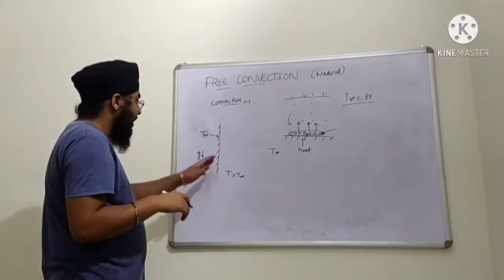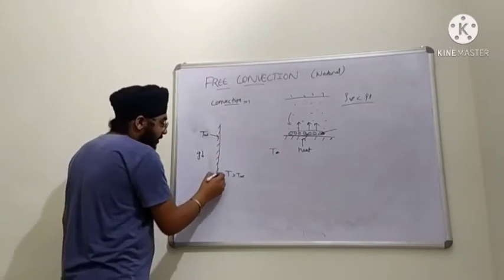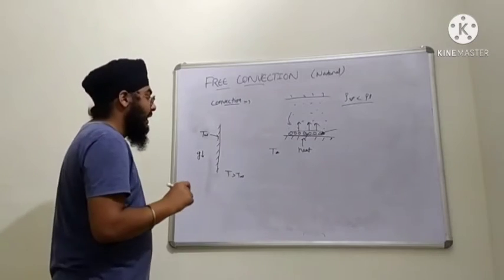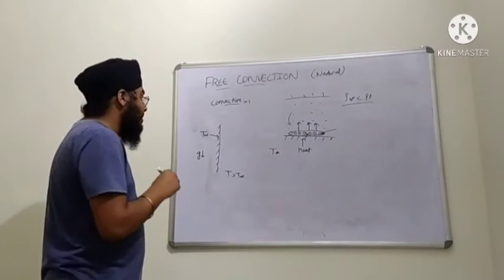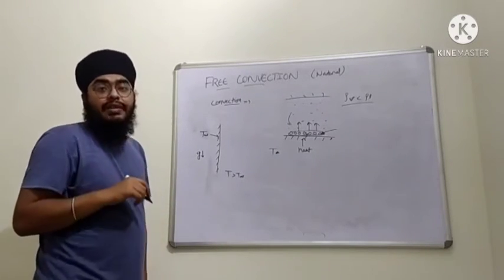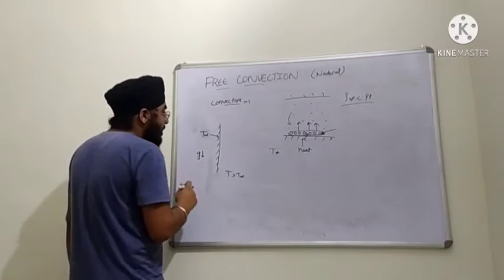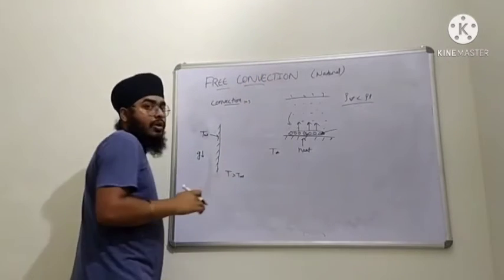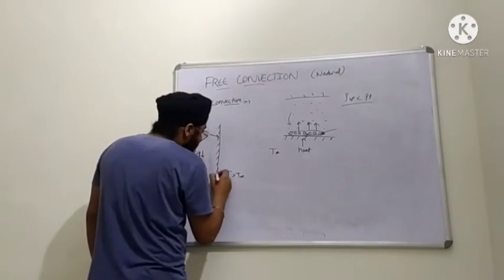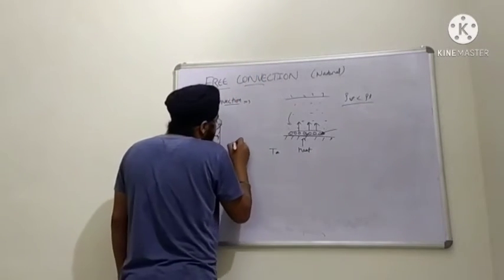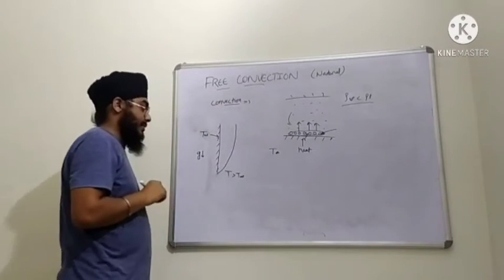As the air is at a greater temperature and is in contact with the wall, that air will get heated, and because it is getting heated, its density will become lower, and it will go upward and we will obtain a boundary layer something like this.